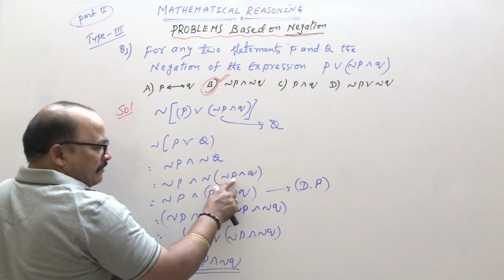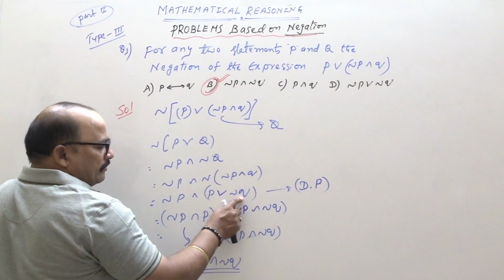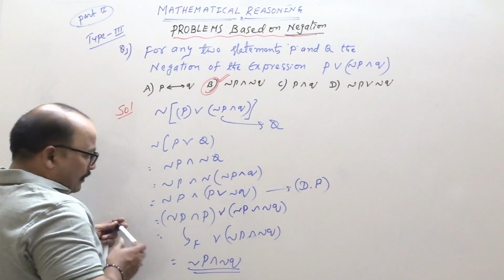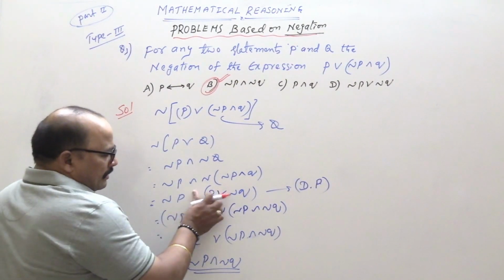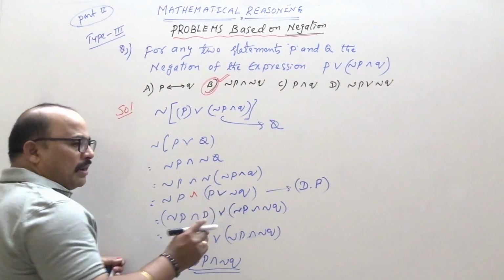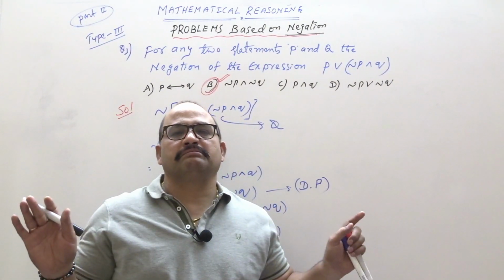Again De Morgan law. Negation of negation P is P, and becomes R, negation Q. Okay, now be careful, either symbol and R is there, immediately take that distributive.